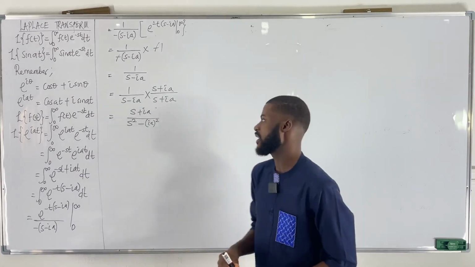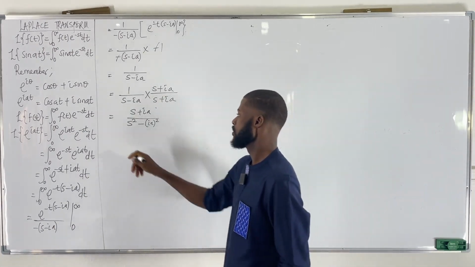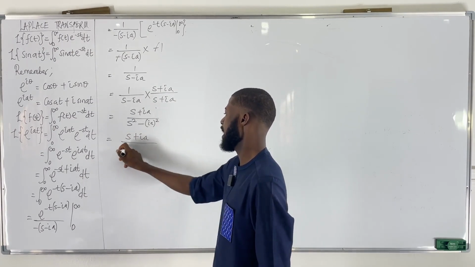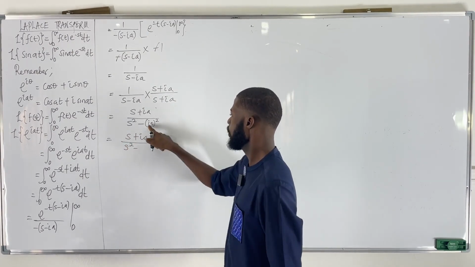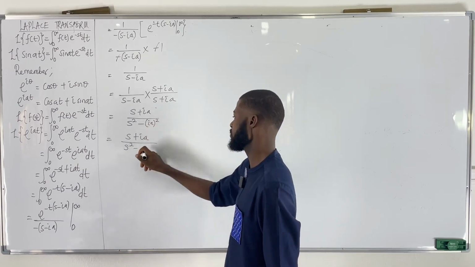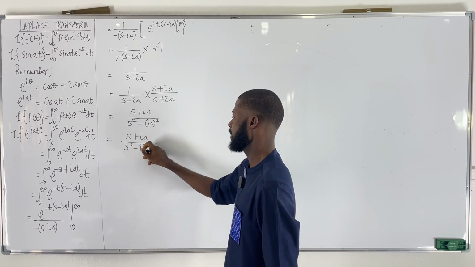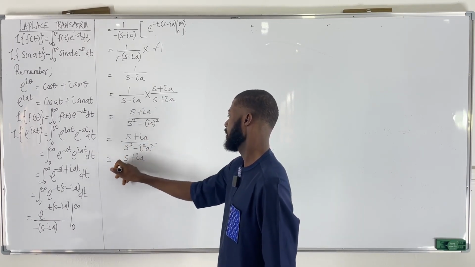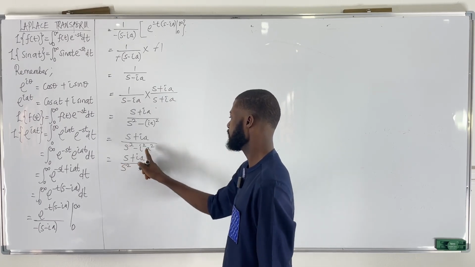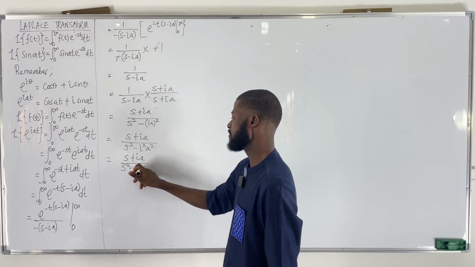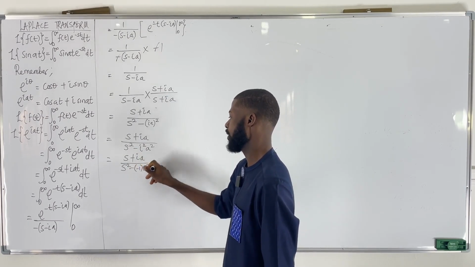That's a difference of squares when you expand. So this will become s plus ia divided by s squared minus, remember that you're going to be using the laws of indices here, i squared a squared. So what is i squared? i squared itself is minus 1, and then you put your a squared.